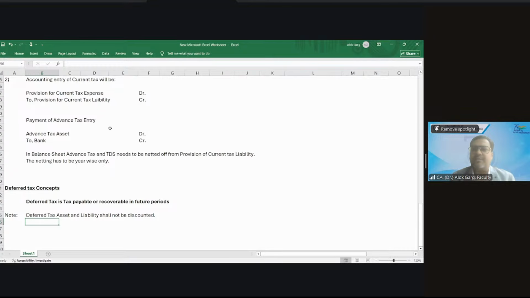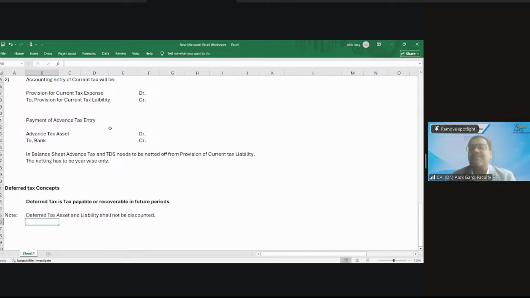The discount rate is 10%, the deferred tax amount is 1 lakh. So tell me whether this 1 lakh has to be recognized in the current year or it has to be discounted. 80% of the fresher chartered accountants, when they come for interview, say that yes, it is going to be discounted. Because I asked the question in that way, they got confused.